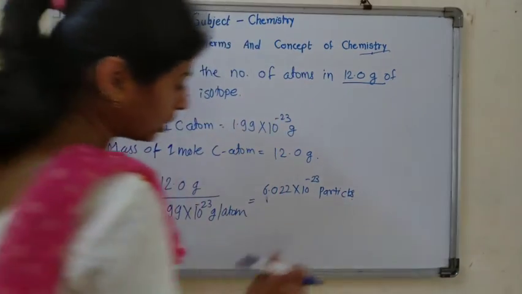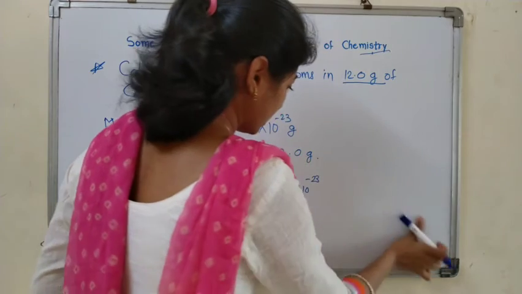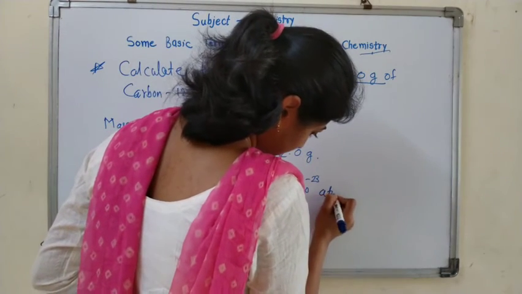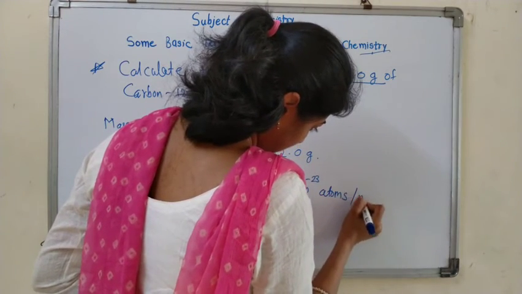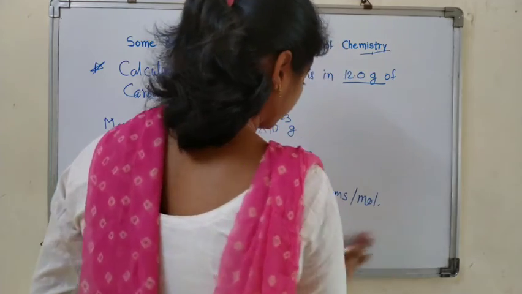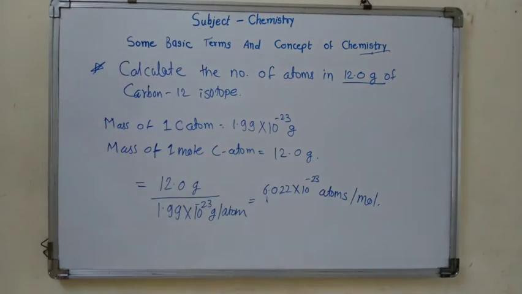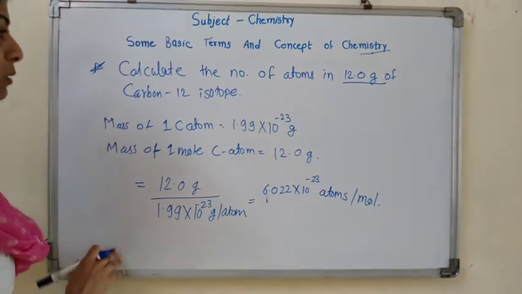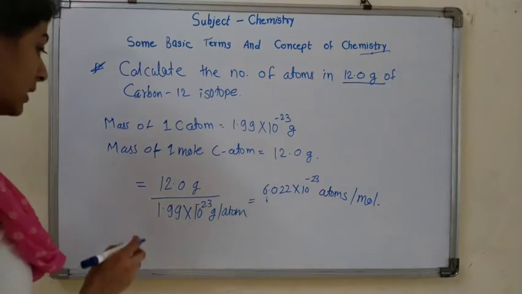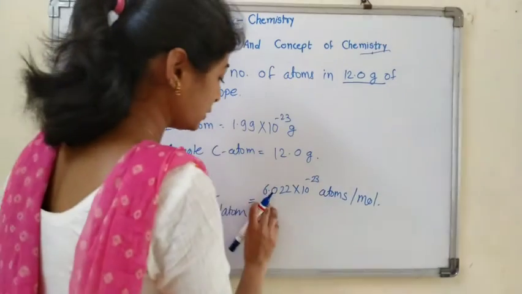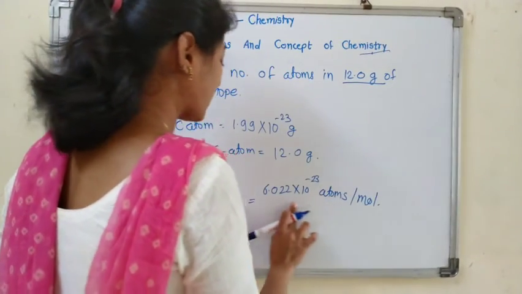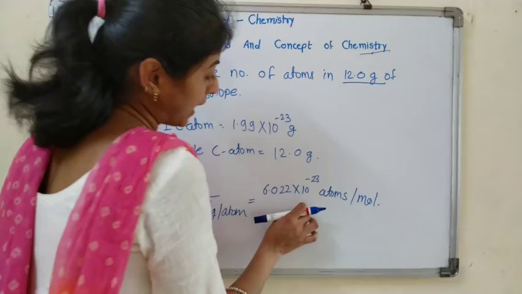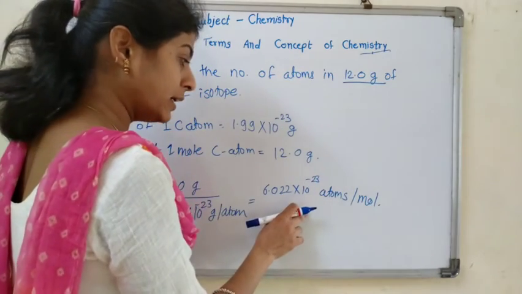Okay, or you can say atoms per mole. Thus, we can say that 1 mole of a substance contains 6.022 into 10 to the power 23 particles or entities.